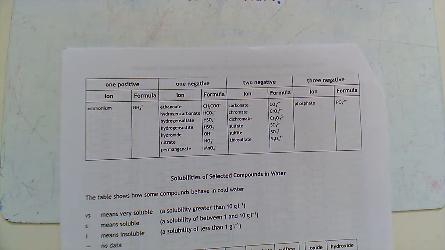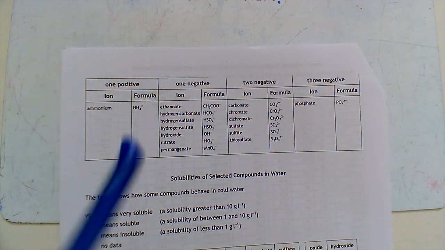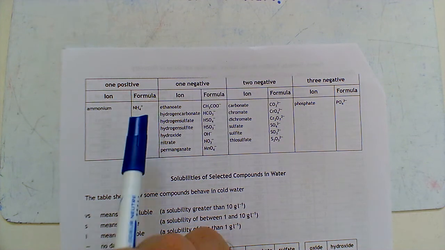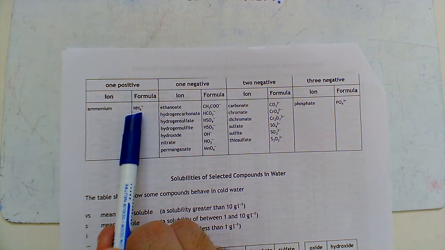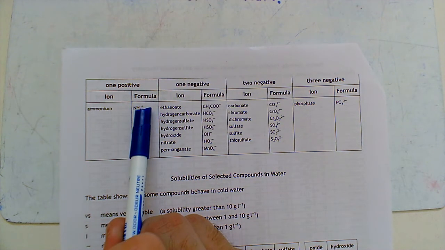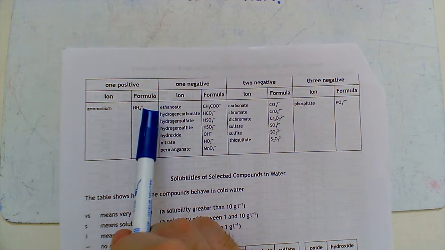Now we use this table in a very similar way to how we would use valency. All we do when we're writing the symbol for that part of the chemical, if we've got ammonium, what we write are the numbers and letters. We ignore the charge when we're writing the symbol.